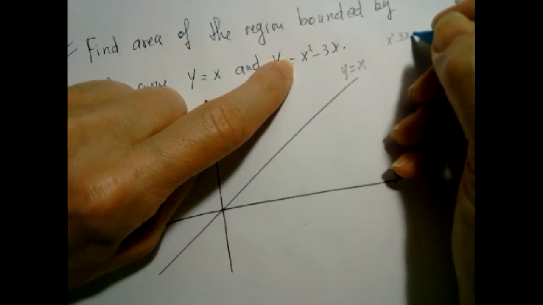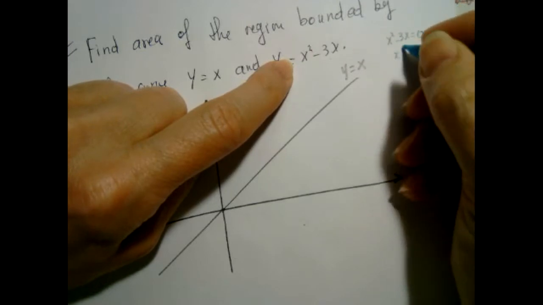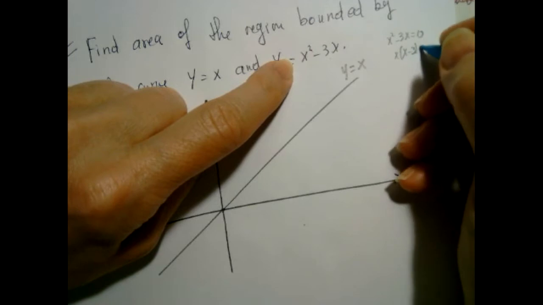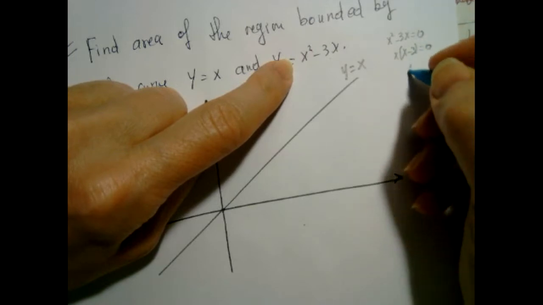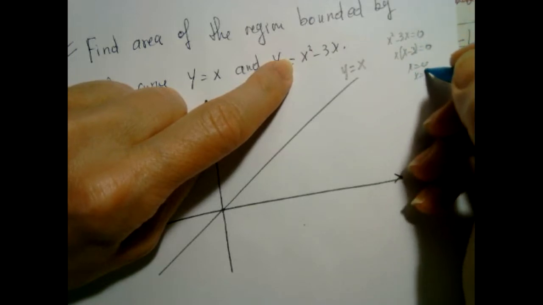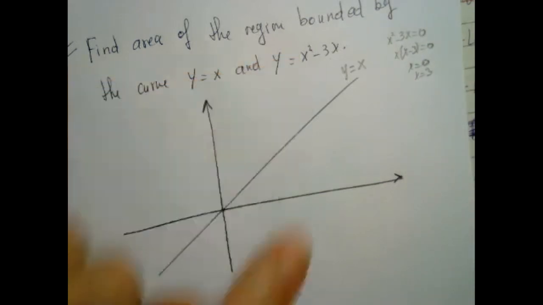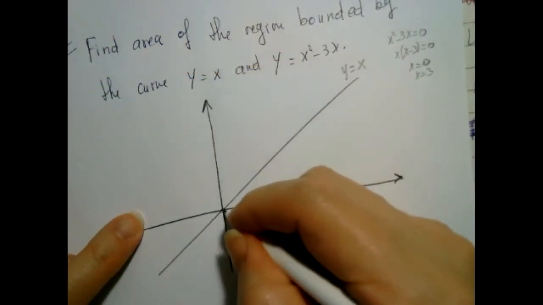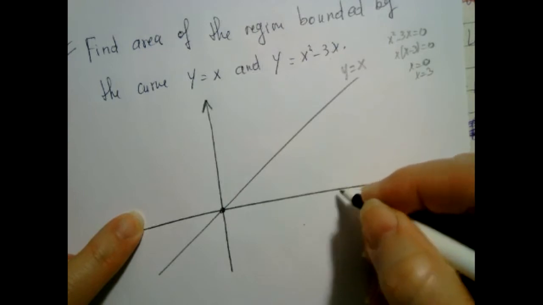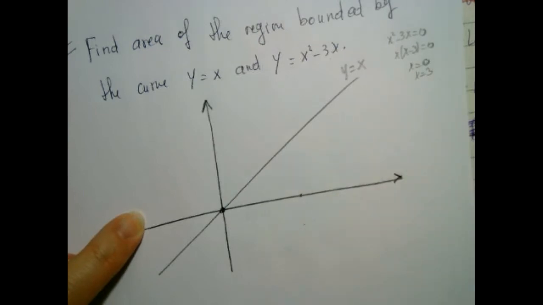I said, okay, when is it 0? So I factor it out. I realize x equals 0 and x equals 3. So we know it's a parabola going up. It's 0 at 0. It's 0 at 3. So how is it going to look? It's going to look like that.